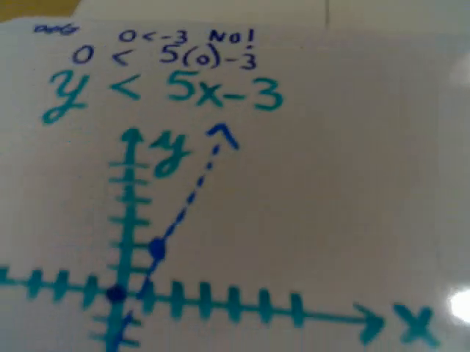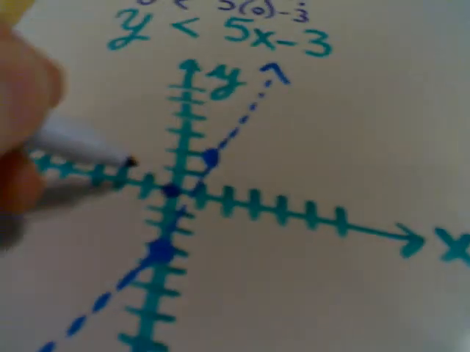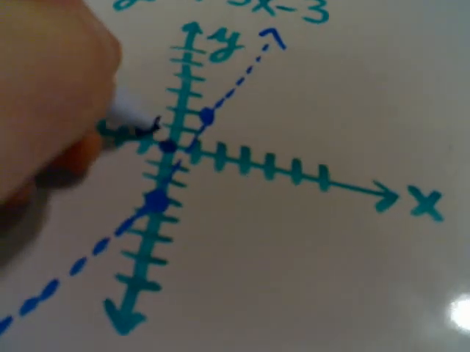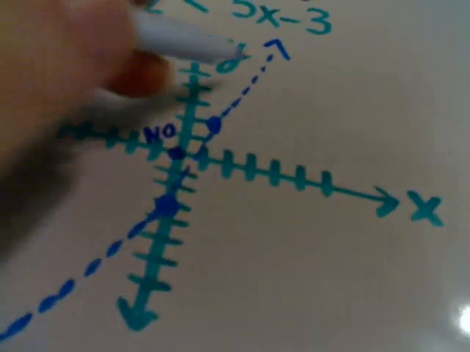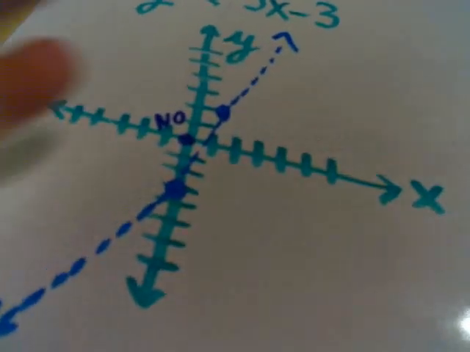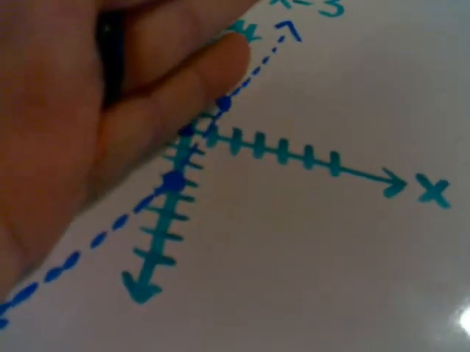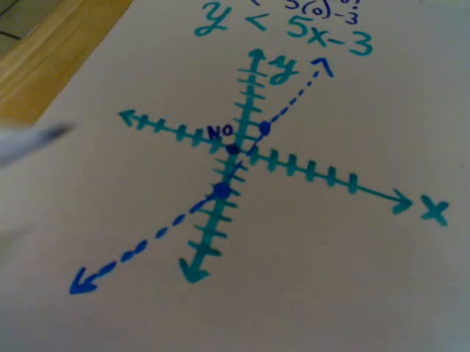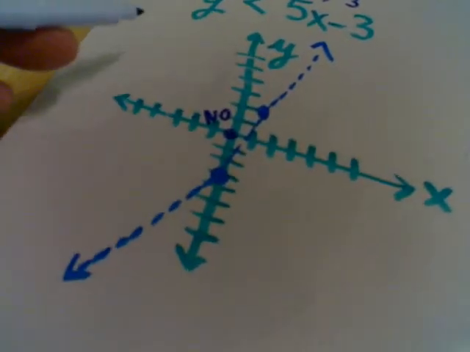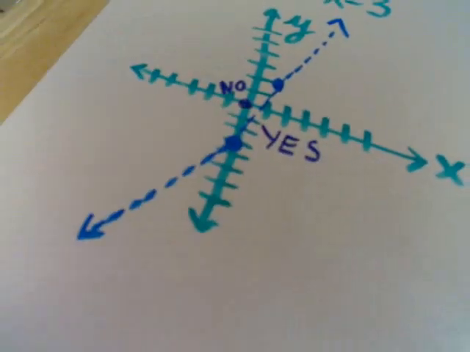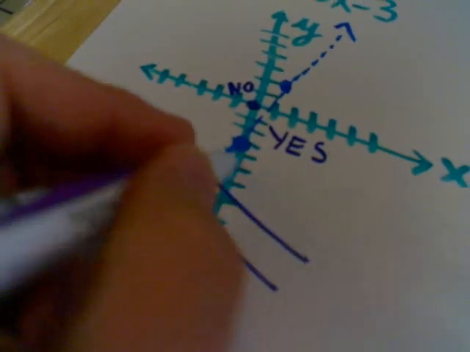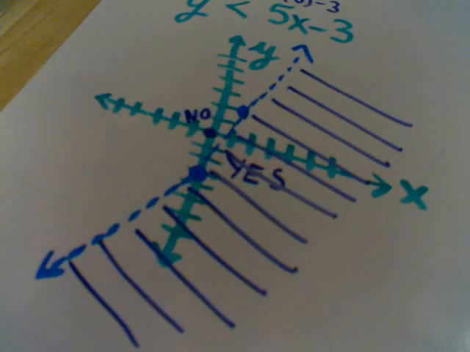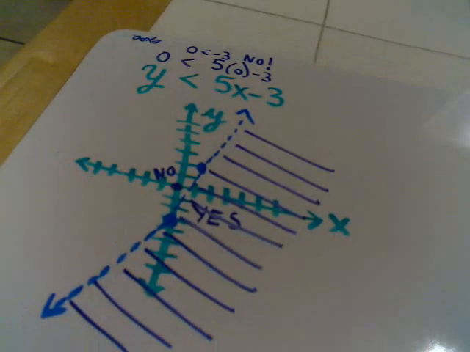So that means when I use my test point of 0, I got a resounding no. And what that tells me is no, don't shade in the portion in the direction above the line, because no, those ordered pairs don't work. If the no's are on this side of the fence, the yeses must be on the other side of the fence, and your goal with these problems is to always shade the yeses, because what yes means is yes, we are solutions of that inequality.